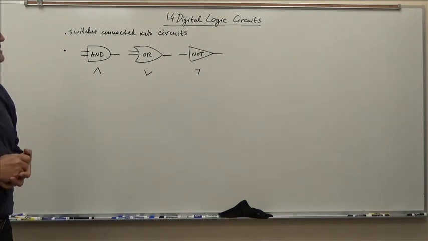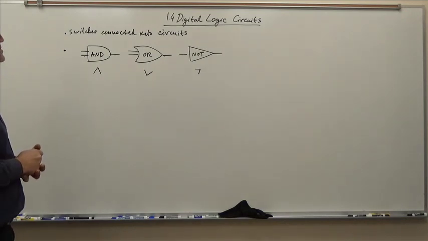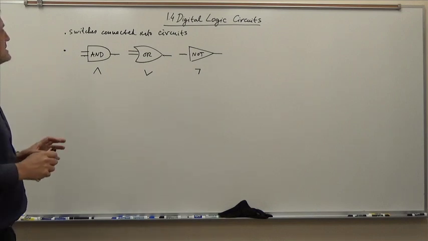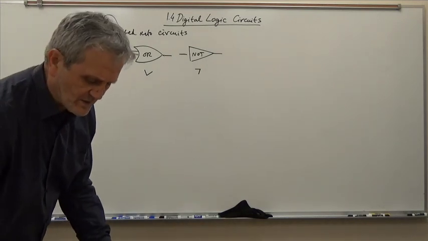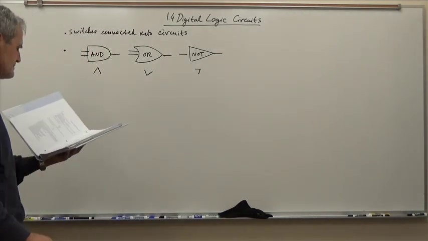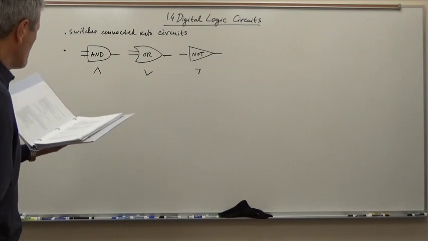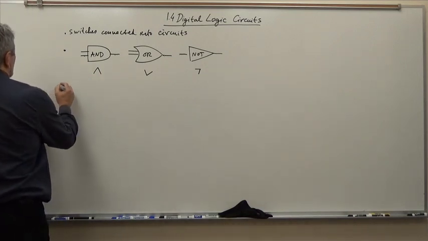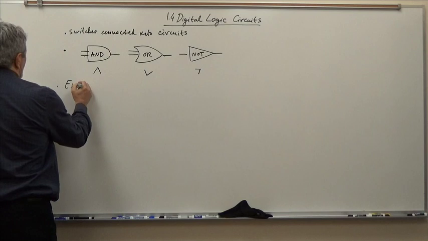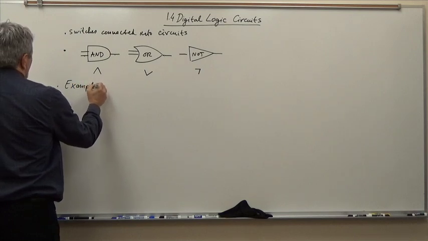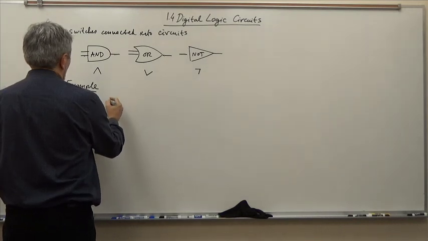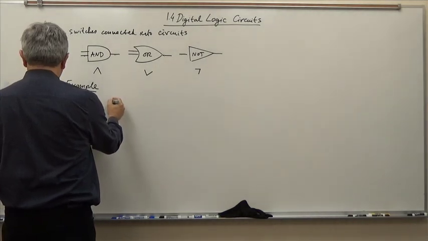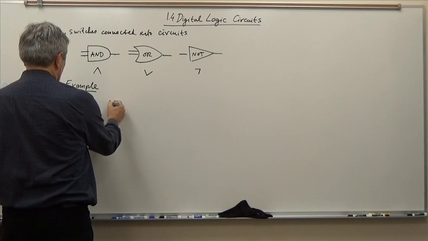So generally, what we do is we just have switches connected in the net using these gates. Here's one example. We'll have something like this.